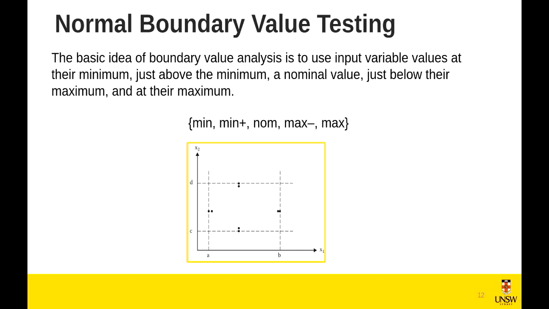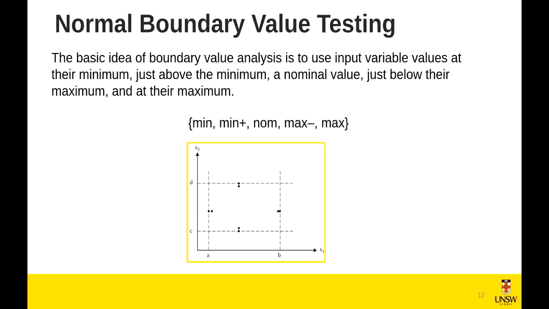If we draw it on the graph, it is like this. In this figure, each dot is a test input for this program, and we can see there are test inputs exactly on the boundary.